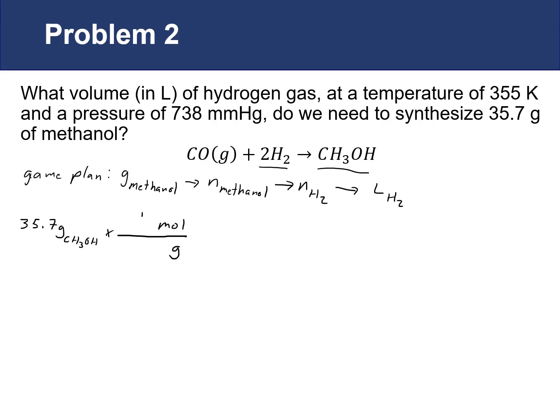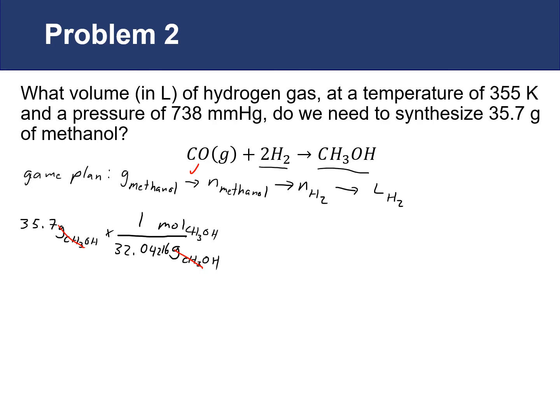Moles go on top. 1 mole, our molecular weight, is 32.04216 grams of our methanol. Our grams of methanol cancel out. So we're now in moles of methanol. So we have successfully made that first transition. We're now in moles of methanol.